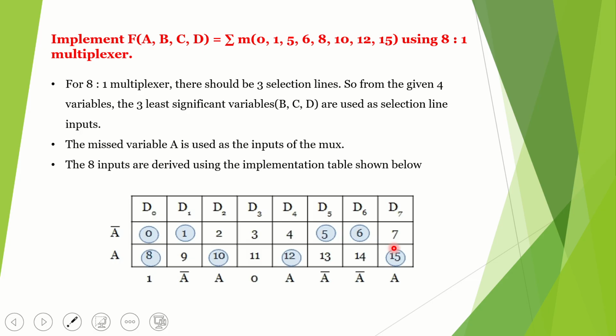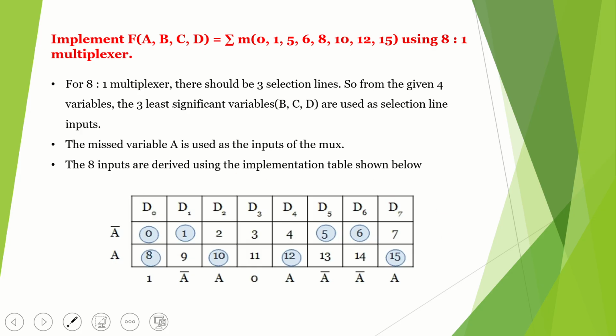All these 16 inputs are implemented by an 8:1 mux, so what we need is only the 8 inputs D0, D1, D2, D3, D4, D5, D6 and D7. We convert these 16 inputs into 8 inputs by this implementation table.